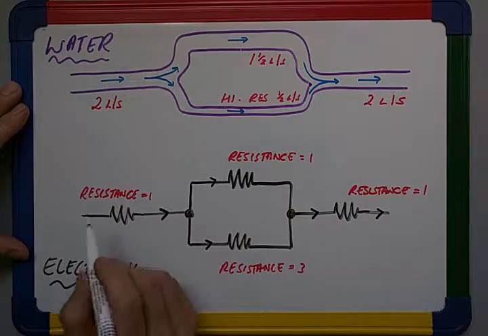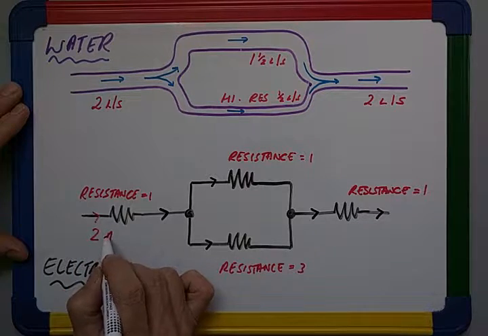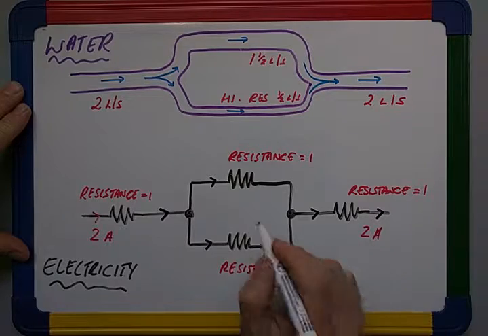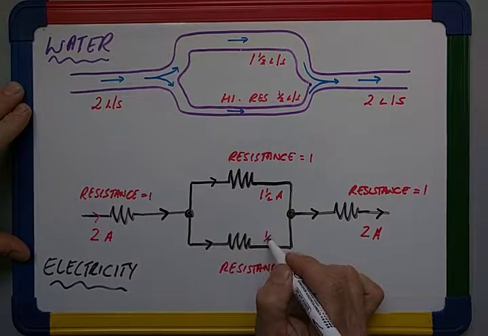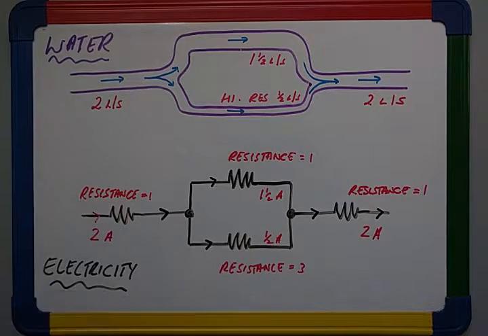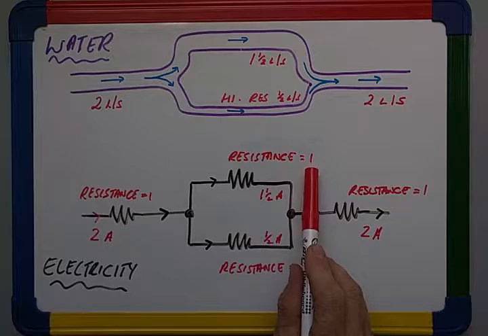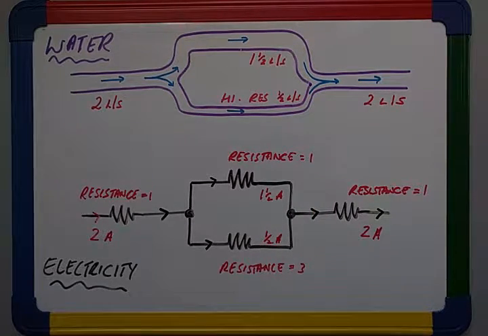On the electrical circuit, the equivalent would be measuring a flow here of 2 amps, a flow here of 2 amps, and a flow here of 1.5 amp and 0.5 amp. Again, the larger flow goes through the smaller resistance, resistance of 1, resistance of 3.